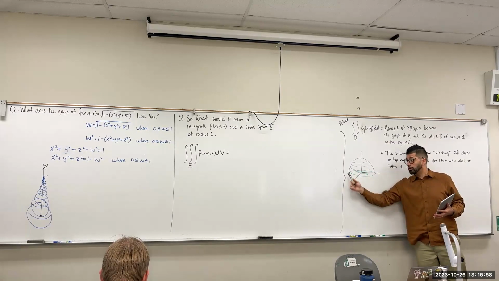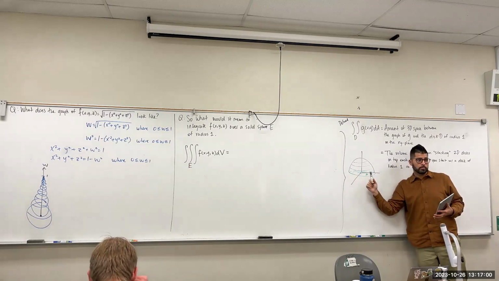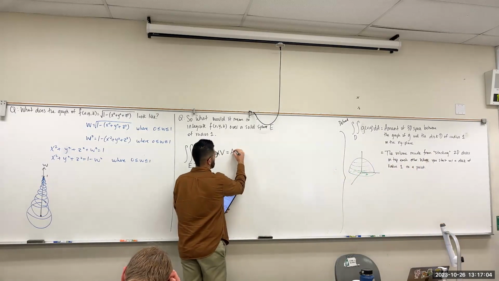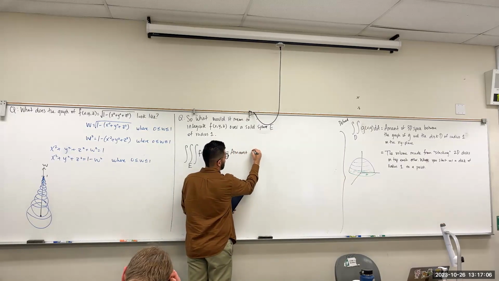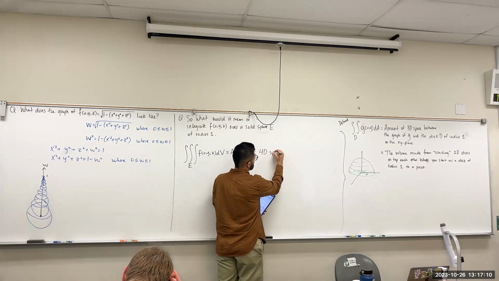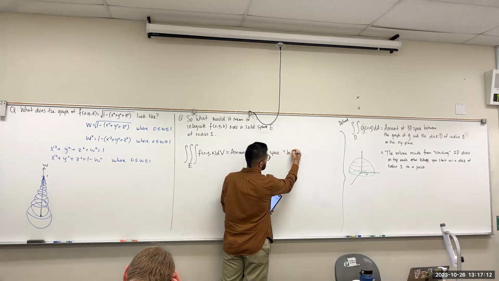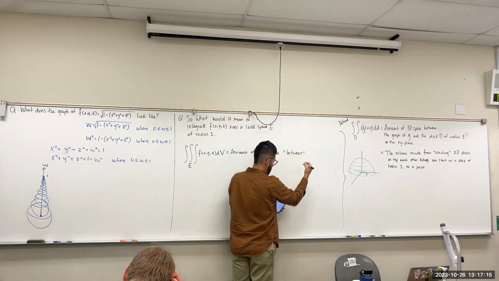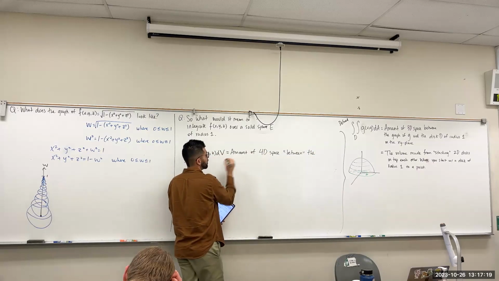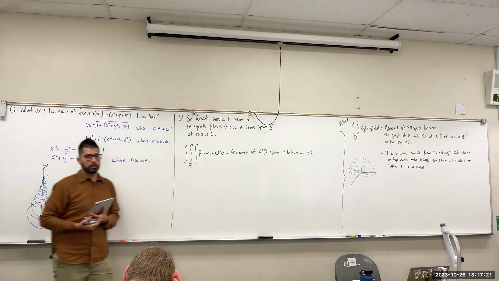When z was 0, we had a circle of radius 1. Okay? So what's going to end up happening here is we're going to get the amount of 4D space, whatever that means, and whatever between means. Between, if we copy what we said here, it's going to be between what and what?